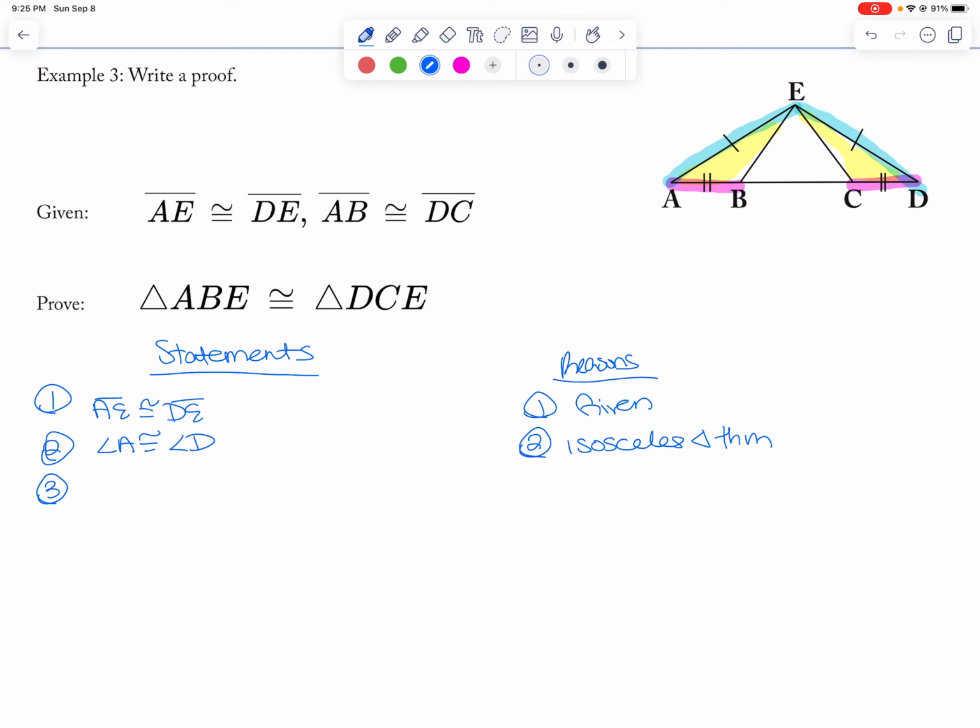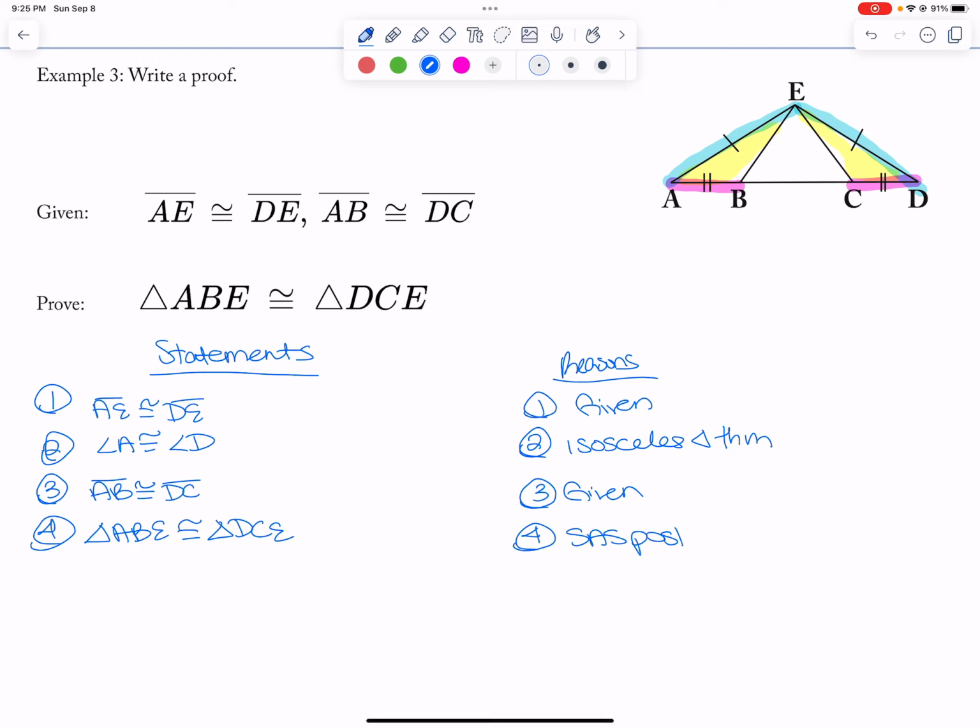And then 3, AB is congruent to DC, and that's given. And then 4 would be the triangle: triangle ABE is congruent to triangle DCE by side angle side postulate. And that is it for this lesson.